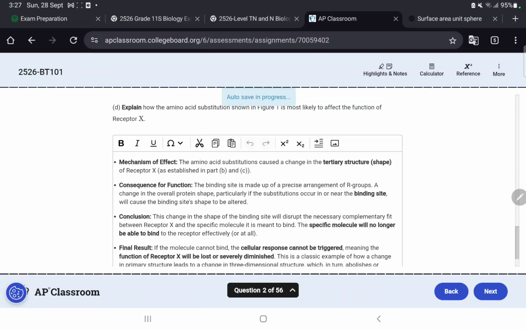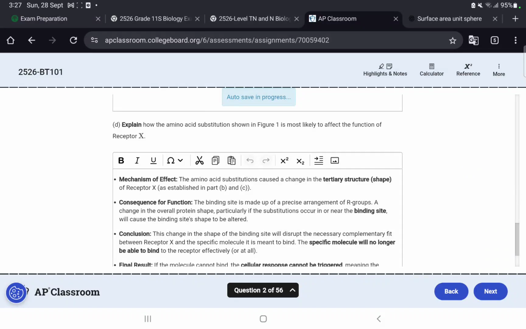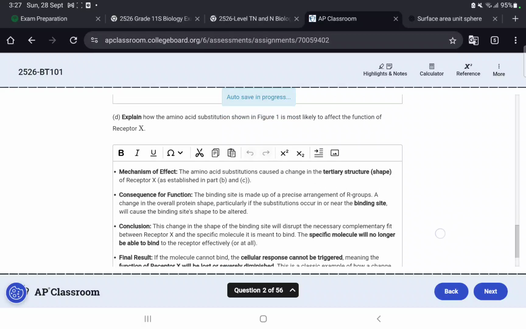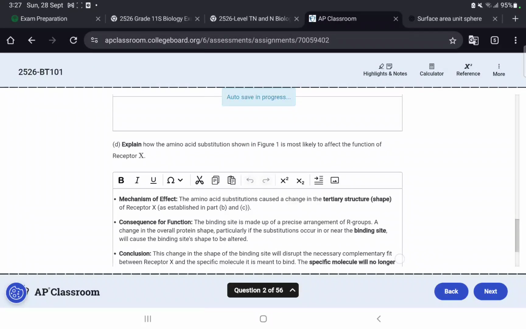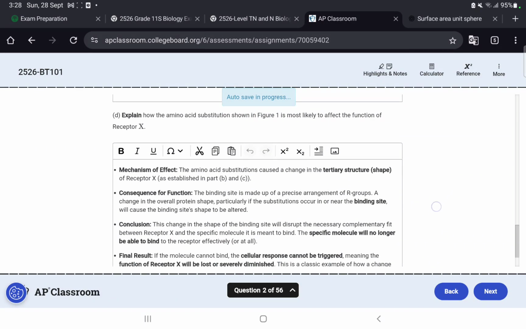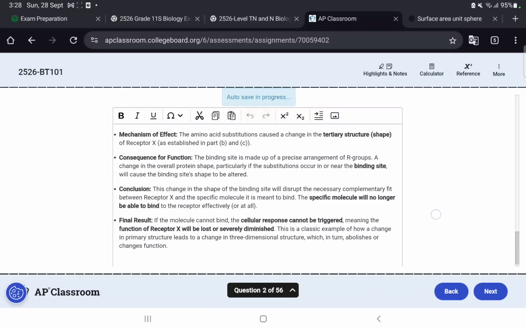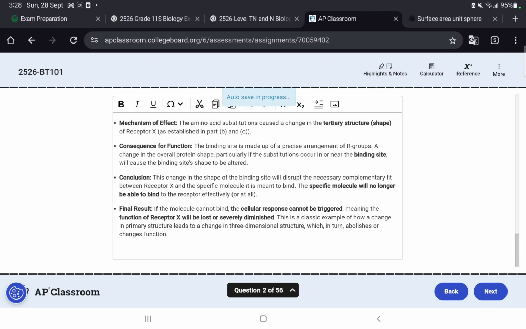Explain how the amino acid substitution shown in figure 1 is most likely to affect the function of receptor X. So, basically, listen, I'm not really sure, okay? Like I said, the mechanism of effect, it will change the tertiary structure, okay? Obviously, I'm sure of that, it will change the tertiary structure, I'm 100% sure.